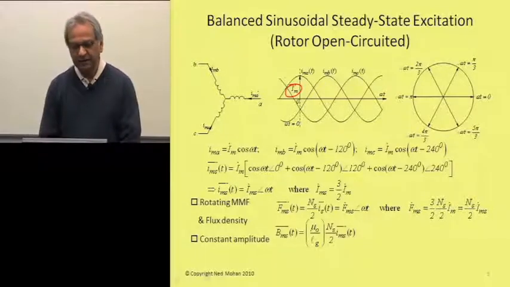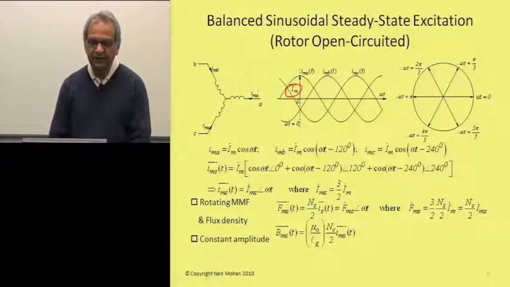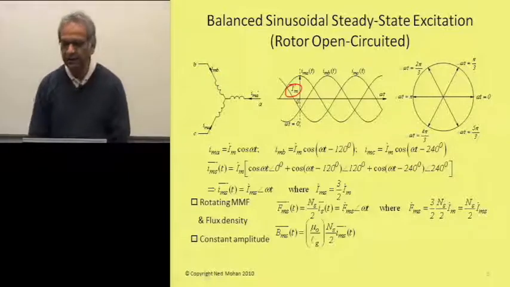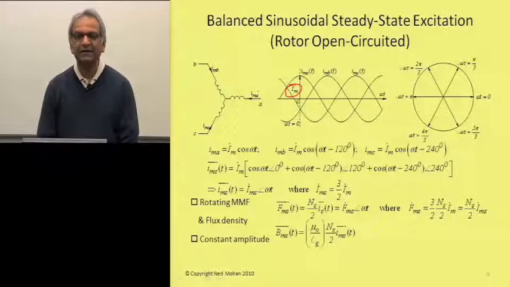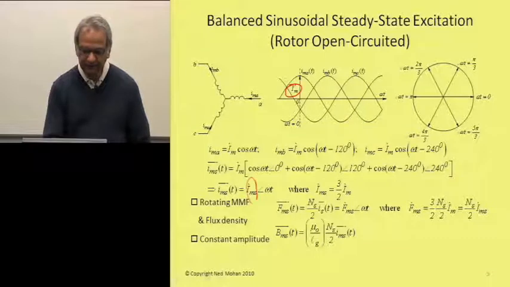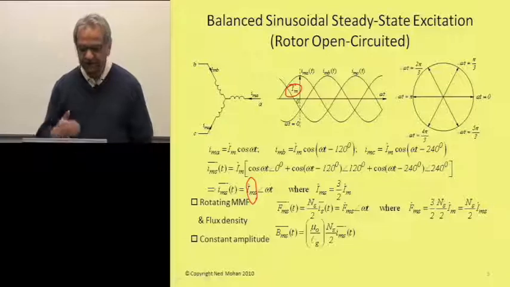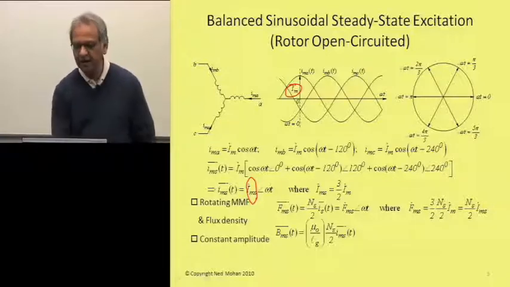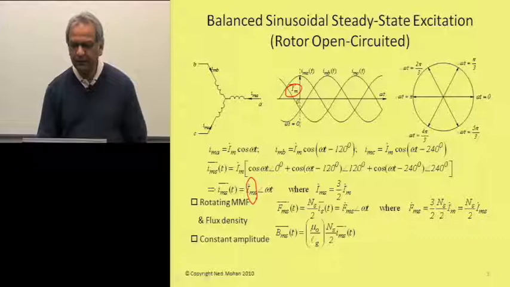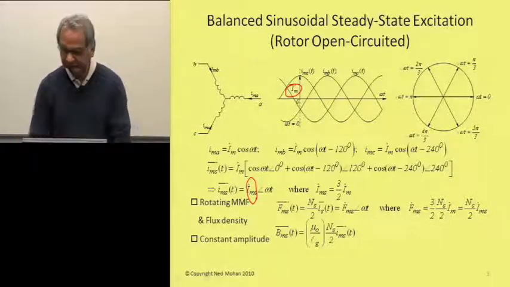If we substitute these phase current components into it, we'll find that this stator current space vector has a constant amplitude, which is this here, and it rotates at a speed which we'll call synchronous speed, omega. And this omega is 2 pi times the frequency of these phase currents that we are applying here.